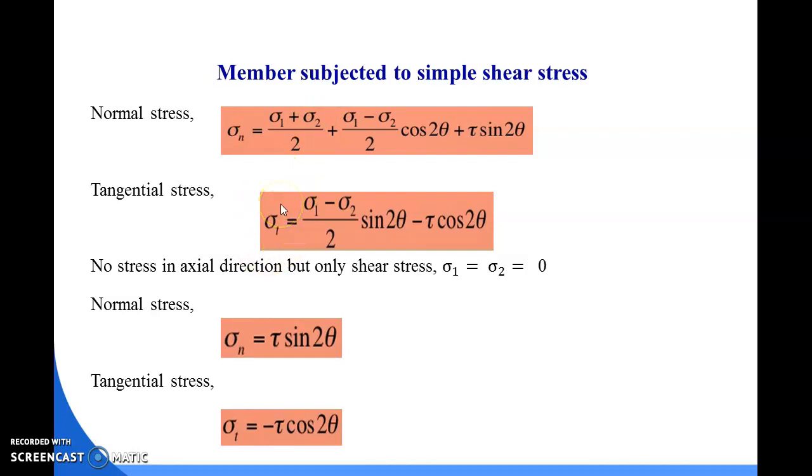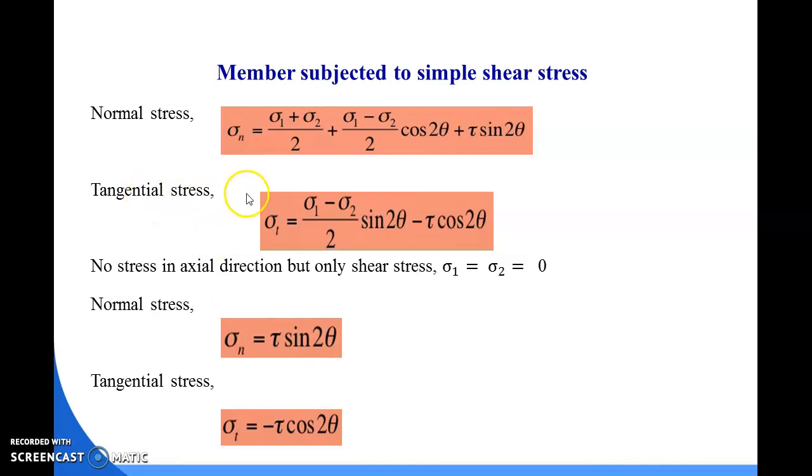Then the total term of the first section is 0 and only tau sine 2 theta is available. So sigma n equal to tau sine 2 theta is the value of normal stress for the simple shear stress criterion.